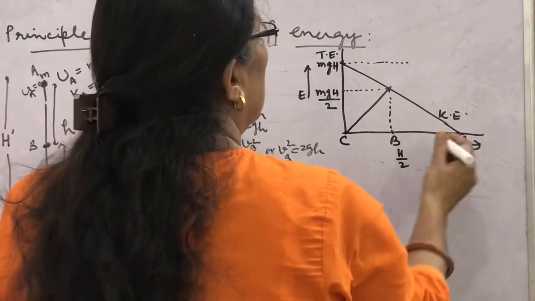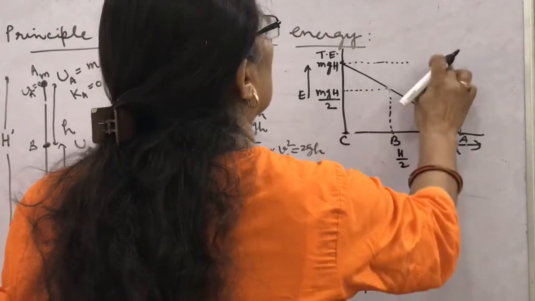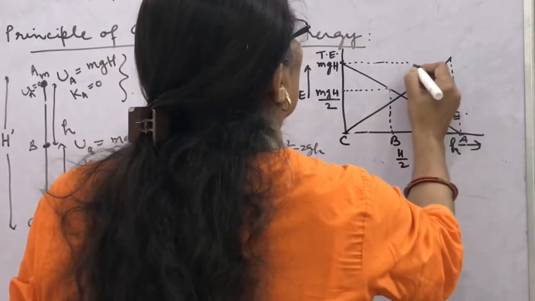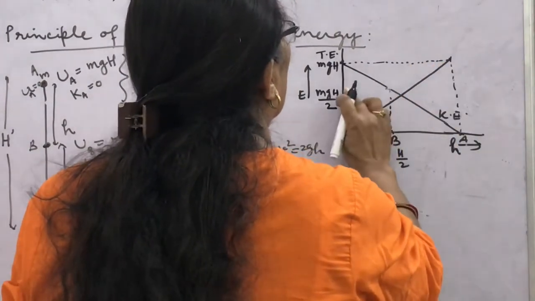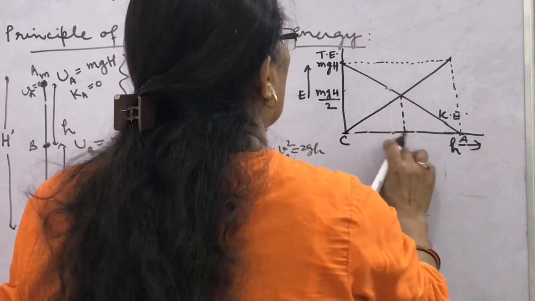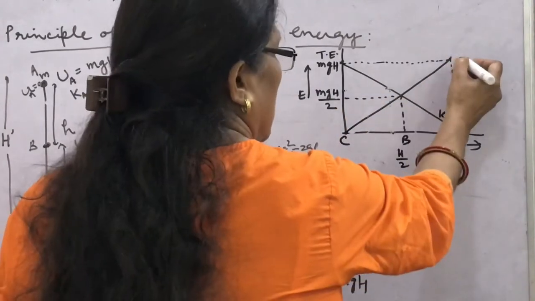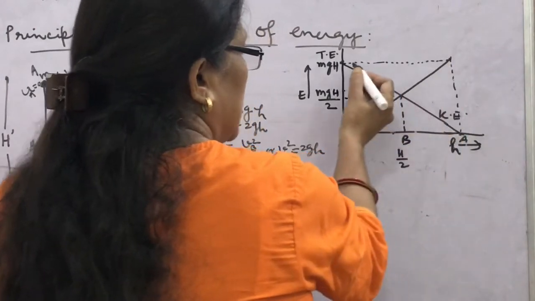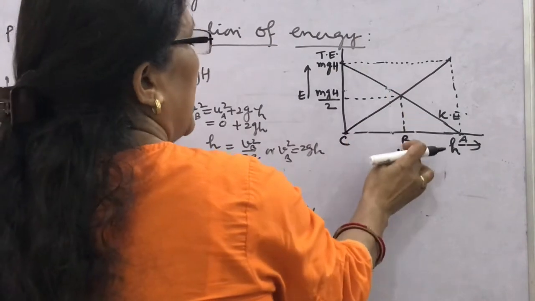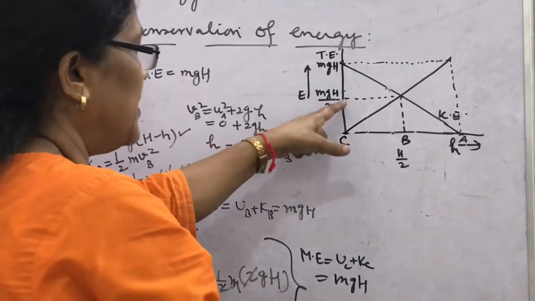You learned that at A, maximum potential energy and kinetic energy 0, sum is mgh, and at B, at height h by 2, we can find mgh by 2.